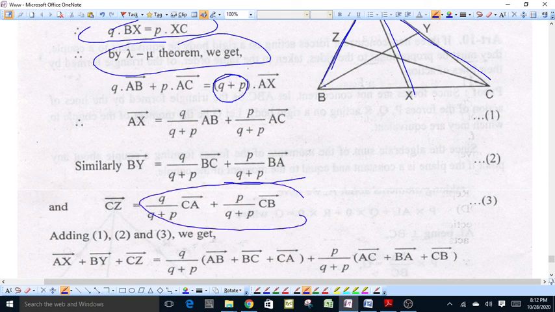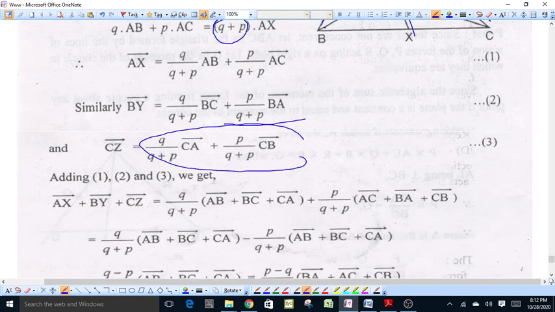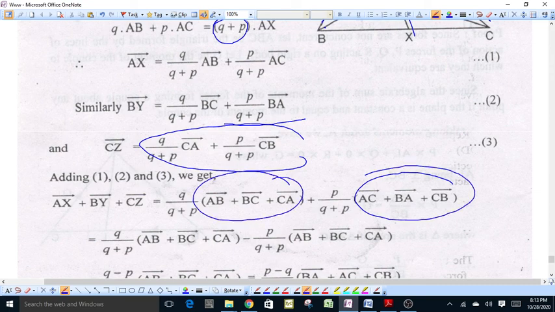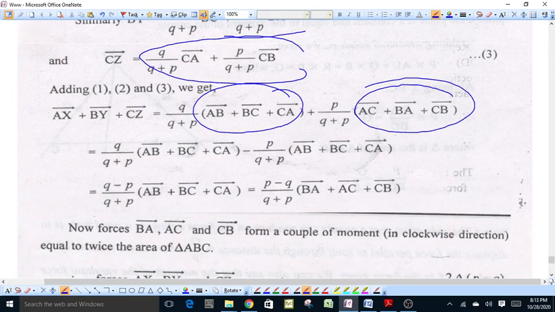By adding all these equations, AX plus BY plus CZ will be equal to Q upon (Q plus P) into (AB plus BC plus CA). Similarly, the second term will be equal to P upon (Q plus P) into (AC plus BA plus CB). Sorry, AC can be written as minus CA.